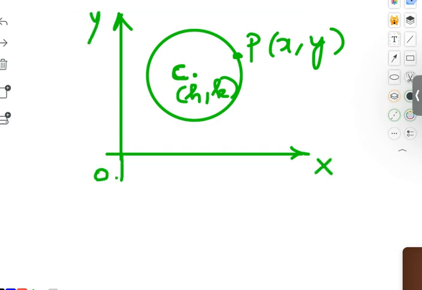This is your y-axis, your x-axis, and this is the origin. Now, how will you find the equation of the circle? Our task is to find the equation of the circle. Very simple: the distance formula.